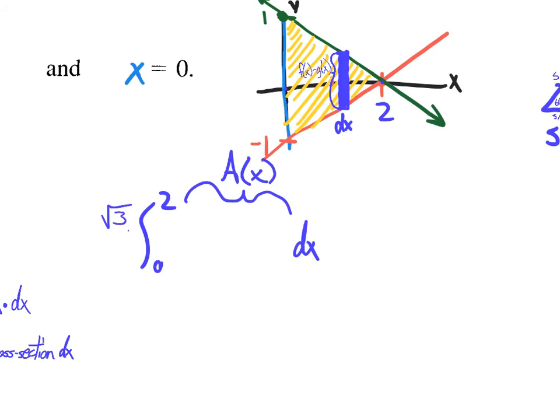Yes, look at this. I'm taking the integral from 0 to 2 of s squared, with the root 3 over 4 on the outside, so I don't have to mess with it till the end. That's exactly what we're going to do.